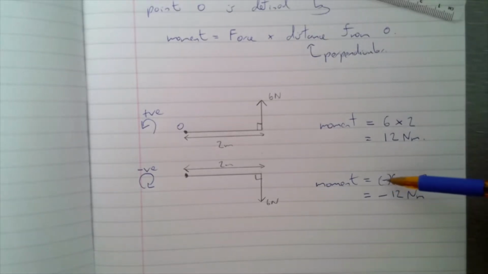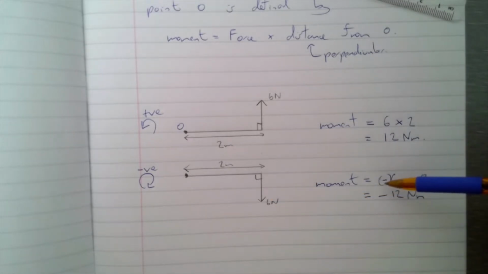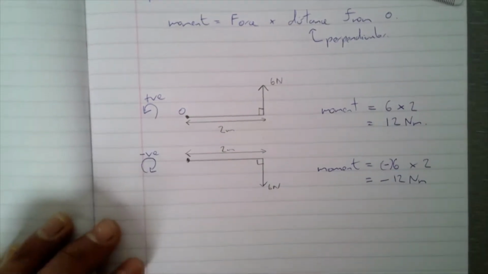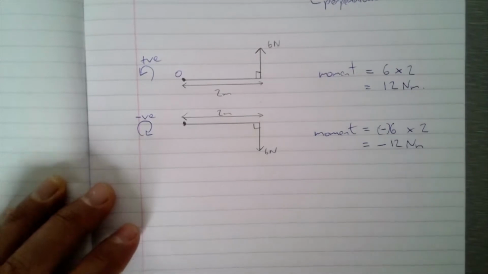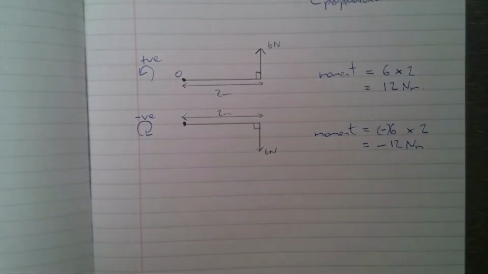Writing the minus in the bracket signifies to the examiner, and makes sure I don't forget, that it's actually going clockwise. A lot of people write moment equals 6 times 2, which equals minus 12, and that just seems wrong on so many different levels. So if you put the minus in brackets, if it's going clockwise, then you'll remember to times it through on the next line, and everything stays together.